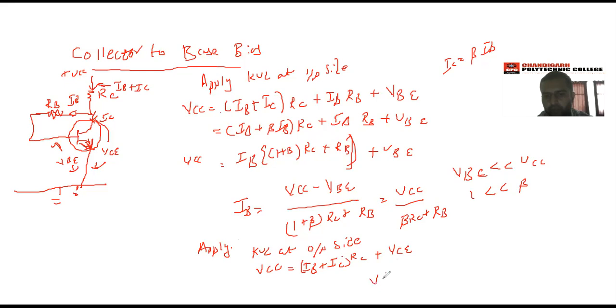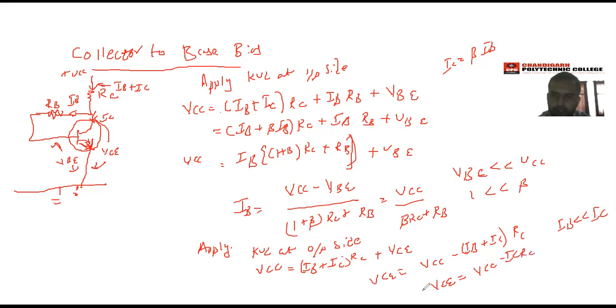So VCE is equal to VCC minus IB plus IC multiplied by your RC. The value of IB is very small as compared to IC, so we can neglect it. And at the end, VCE is equal to your VCC minus ICRC. This is the value of VCE.